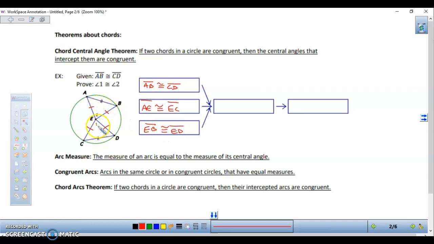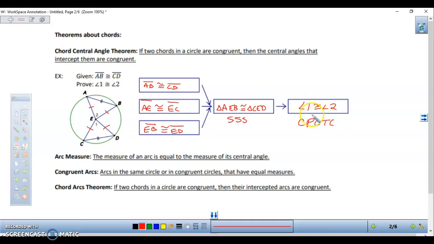Well, guess what? That means these two triangles, triangle AEB, has to be congruent to triangle CED because of side-side-side triangle congruency. And if the two triangles are congruent by side-side-side, then by CPCTC, I know their corresponding parts are congruent, and that will make angle 1 congruent to angle 2.